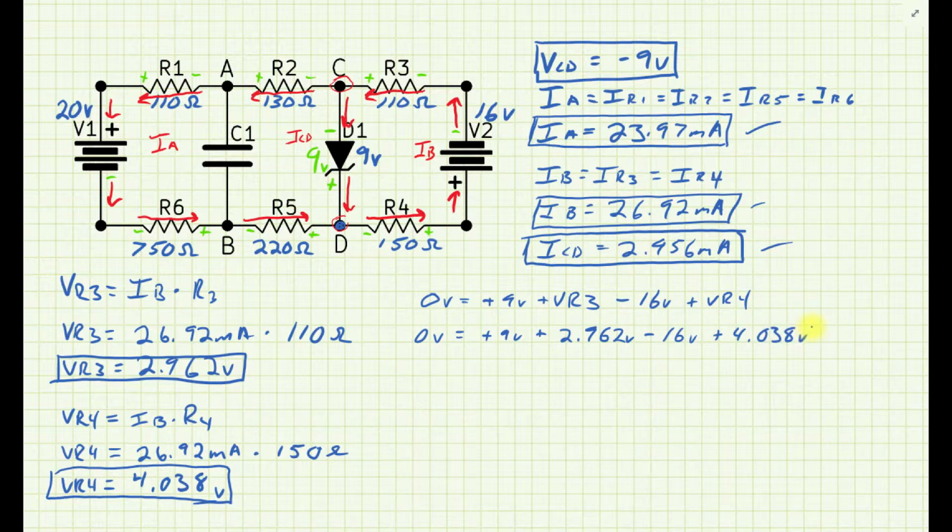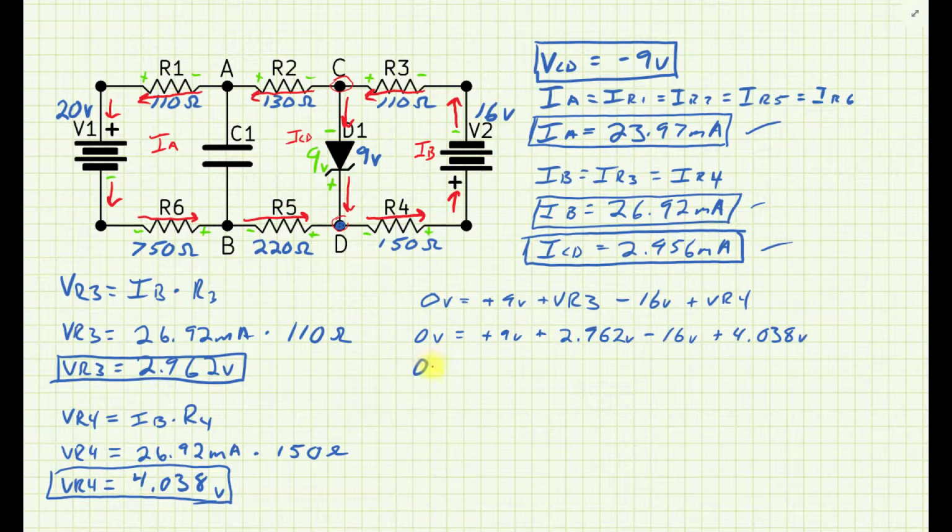So 9 volts plus 2.962 volts for VR3 minus 16 plus 4.038 volts, and I get a number very, very small. So I'm going to say rounding error, and it's pretty much 0.